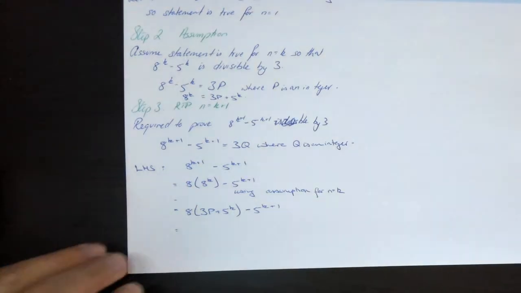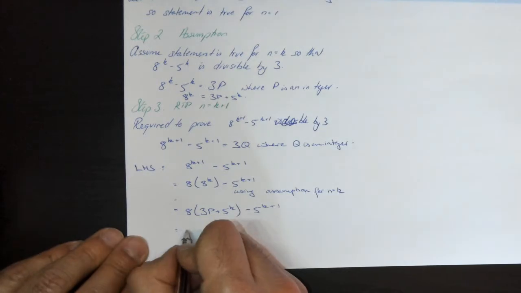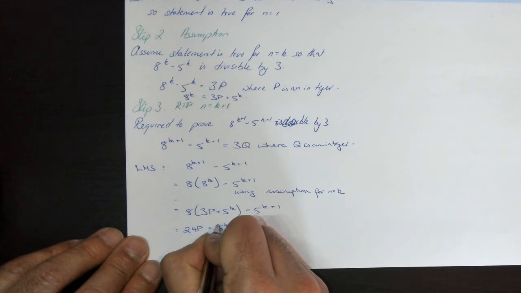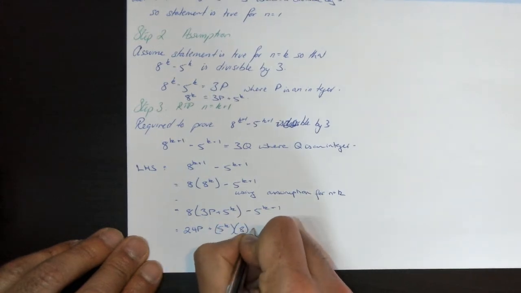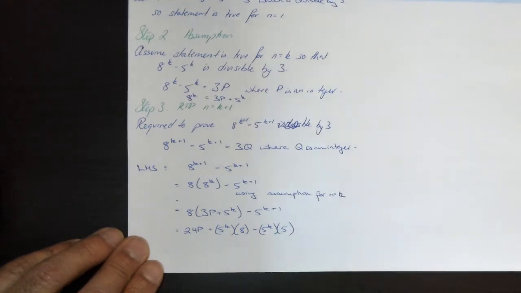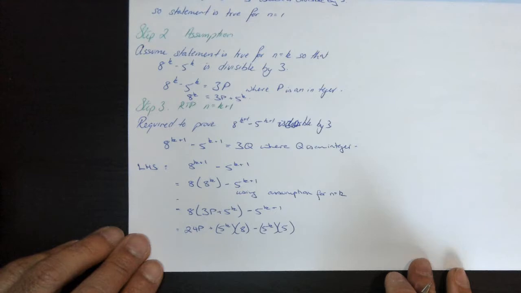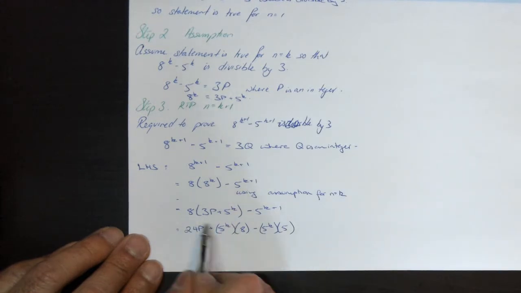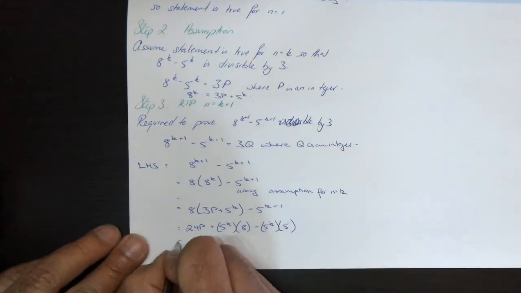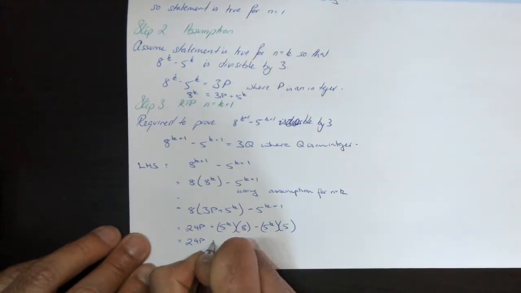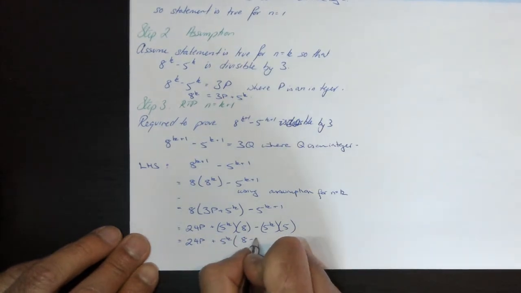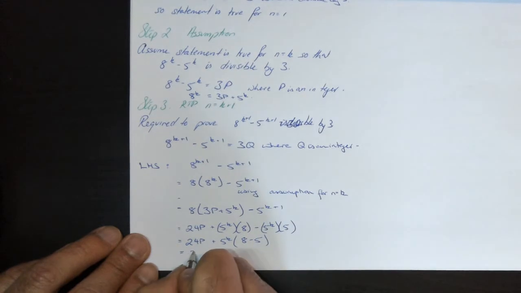So I get 8 times 3 is 24p plus 5^k multiplied by 8 minus 5^k multiplied by 5. Yep, that's that term multiplied by that, and that's 5^k multiplied by that 5 plus 1. If I just collect my 5^k's out the front, I get 8 minus 5, and that becomes 3.